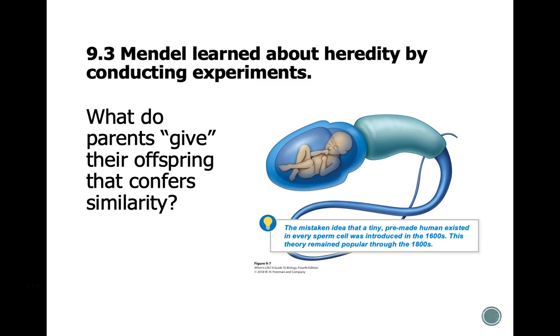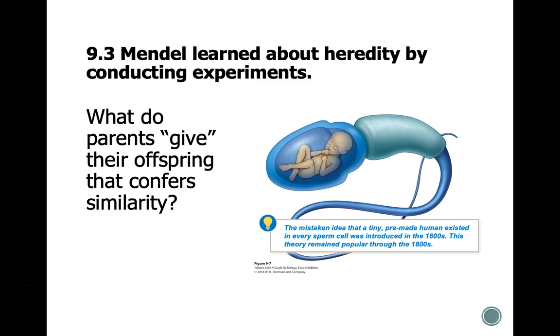But basically, they thought that a little tiny human was in the head of the sperm, and somehow it eventually grew into a full-fledged baby and then ultimately a human. But Gregor Mendel wanted to look at this question a little more closely and just see if he could figure out why offspring resembled their parents.